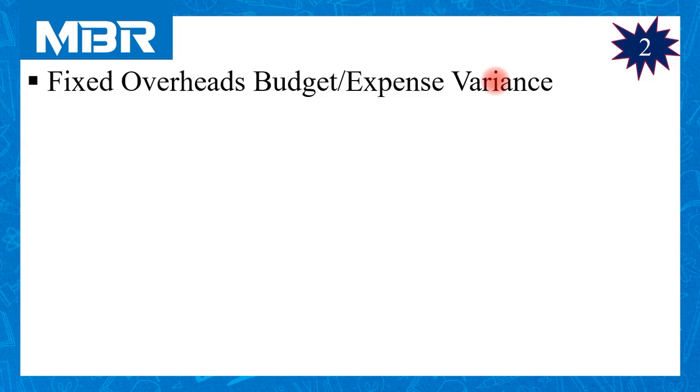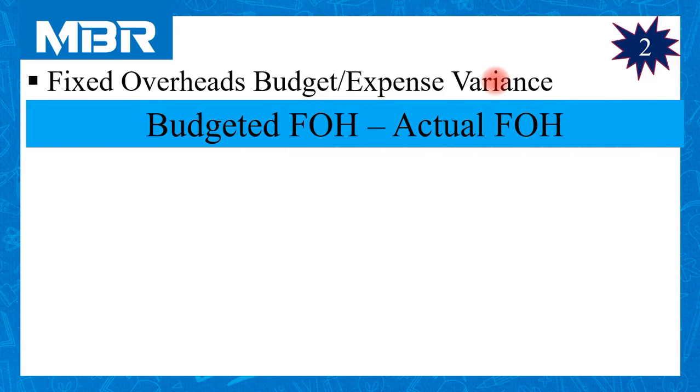According to me, it is the easiest variance in fixed overhead because we are not in need of any kind of calculations. Simply refer to the question, find the information related to budgeted fixed overheads and actual fixed overheads.